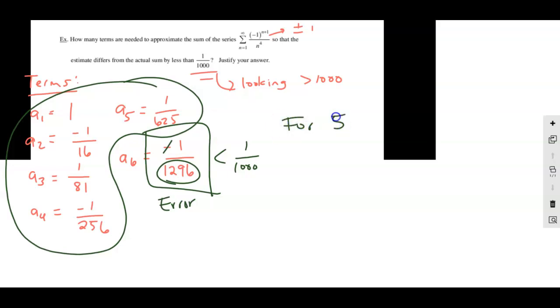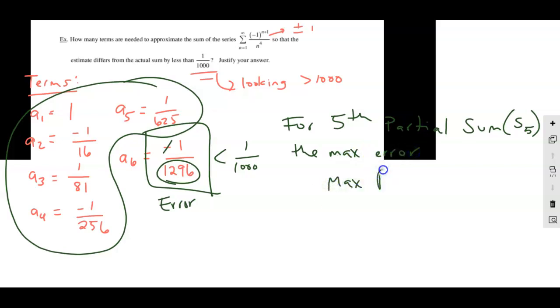For the 5th partial sum, you could also just say S of 5, the max error is the following. The maximum for that remainder for the 5th partial sum is less than the 6th term. So the maximum value for that 5th partial sum's error is going to be bounded by just the size of that 6th term by itself. Okay, so here we go.